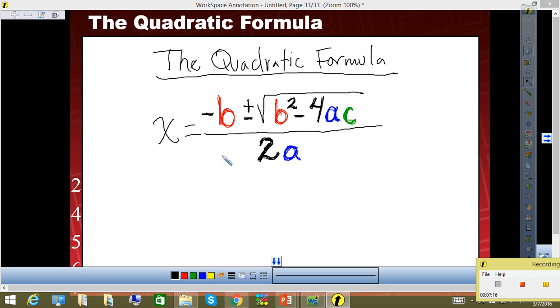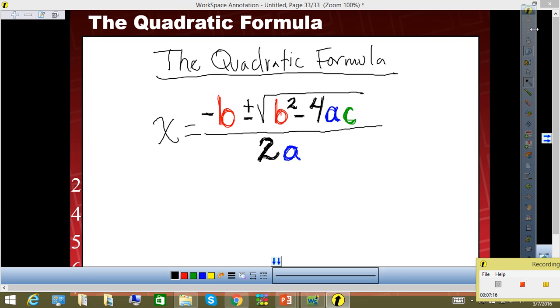Here we go. Quadratic formula is X equals minus B plus minus square root B squared minus 4AC over 2A.